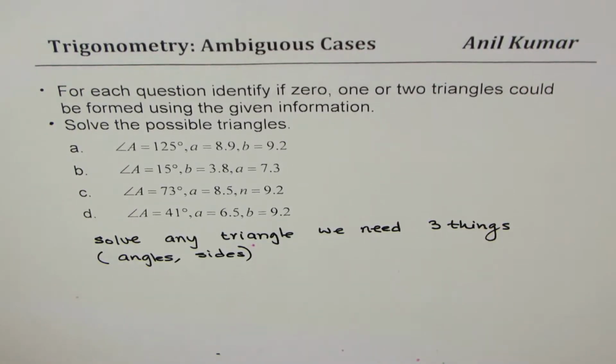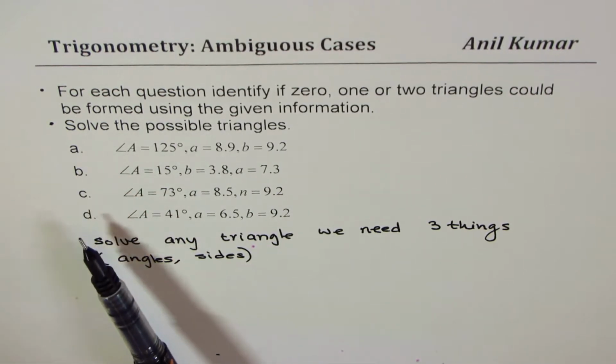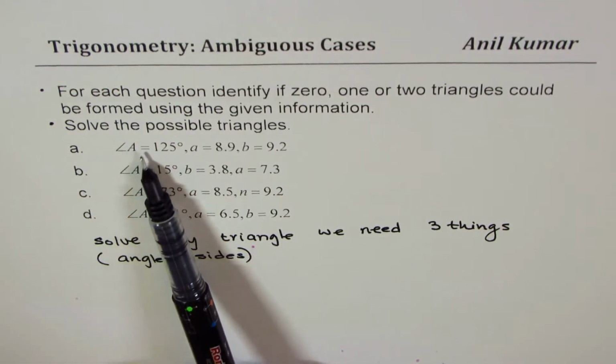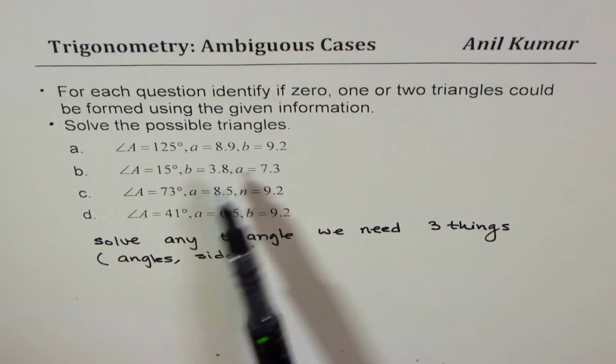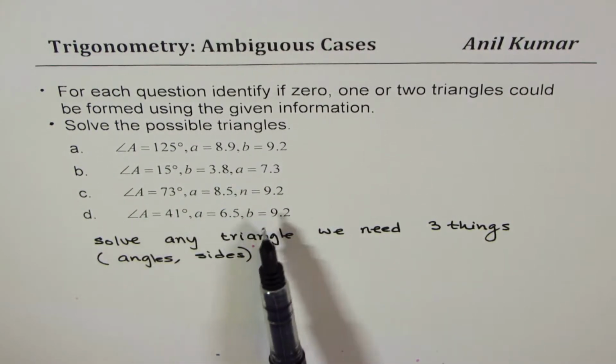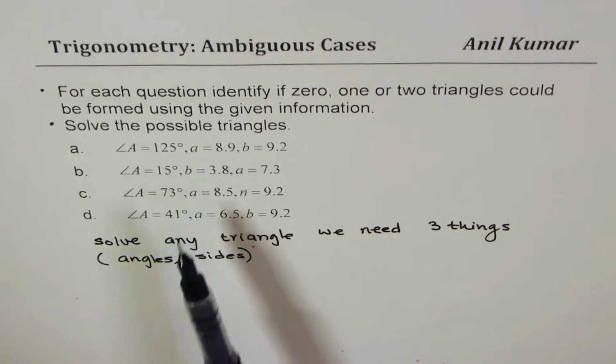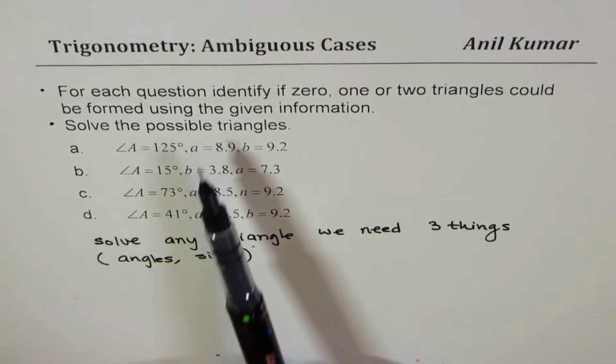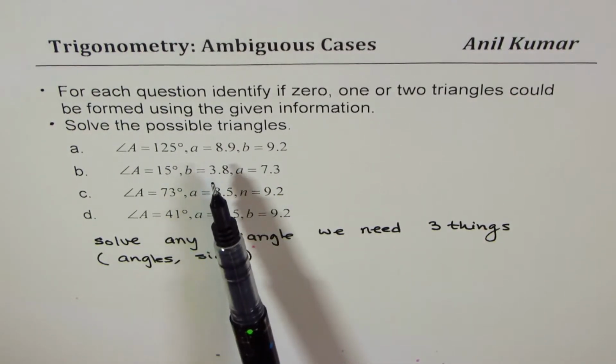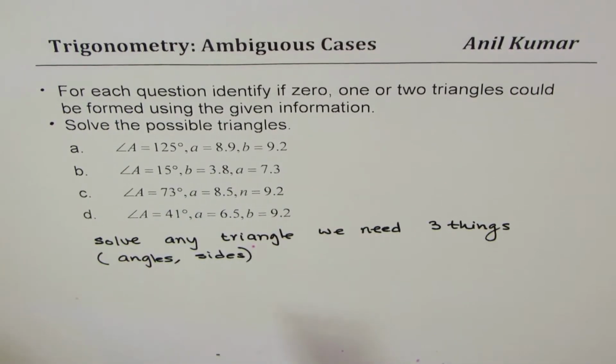So that is what we need, any three things. What we are given in these four cases is three things: angle, side, side. Do you see that? So we have enough information to solve these triangles if a triangle can be formed. That is the first thing to understand.